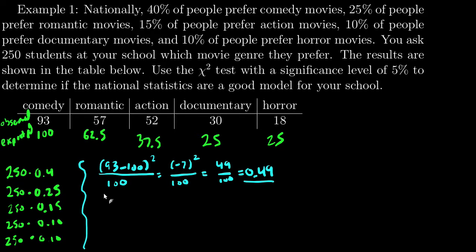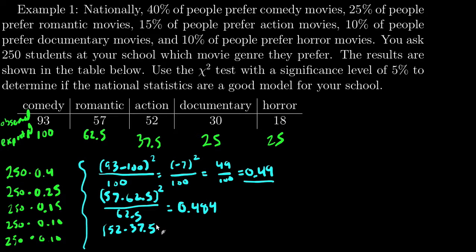So when I do 57 minus 62.5 squared over 62.5, I get 0.484. When I do 52 minus 37.5 squared over 37.5, I get 5.606 repeating.